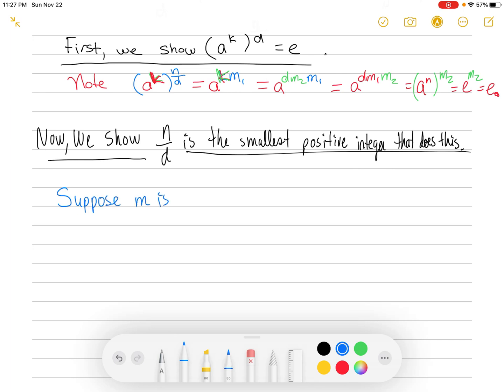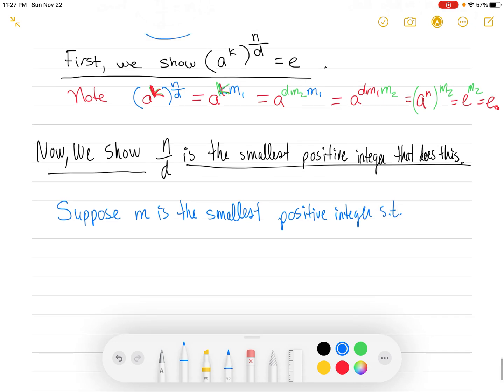Suppose m is the smallest. There's a letter I haven't used. I used m1, I've used m2. This is just a general m. So suppose m is the smallest positive integer such that this works. What do I mean this works? a to the k to the m gives you the identity. So m is the smallest positive integer that does this trick.